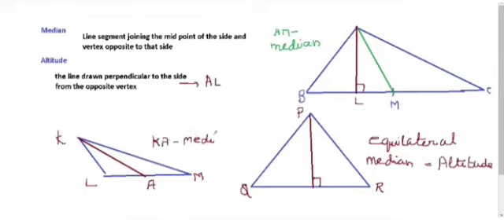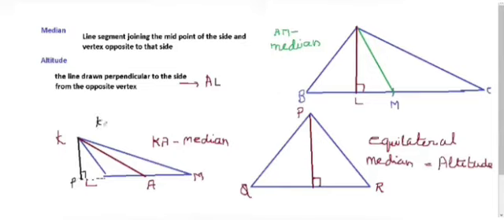Now there is one interesting thing, that if I am drawing an altitude, it's not necessary that the altitude will lie inside the triangle. Here you can see that if I draw this altitude, it lies outside the triangle.